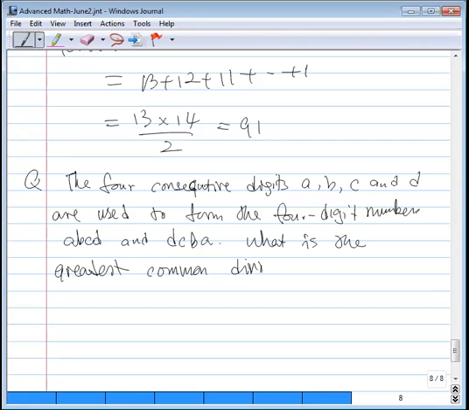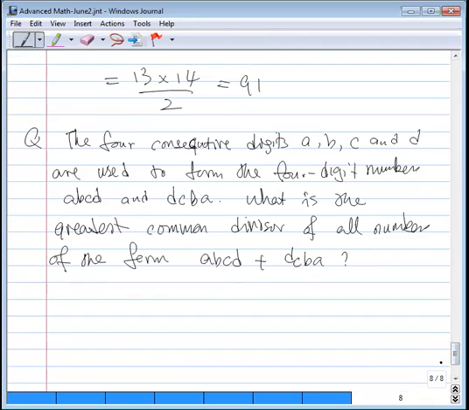The greatest common divisor of all such numbers of the form ABCD plus DCBA. So you add them together.